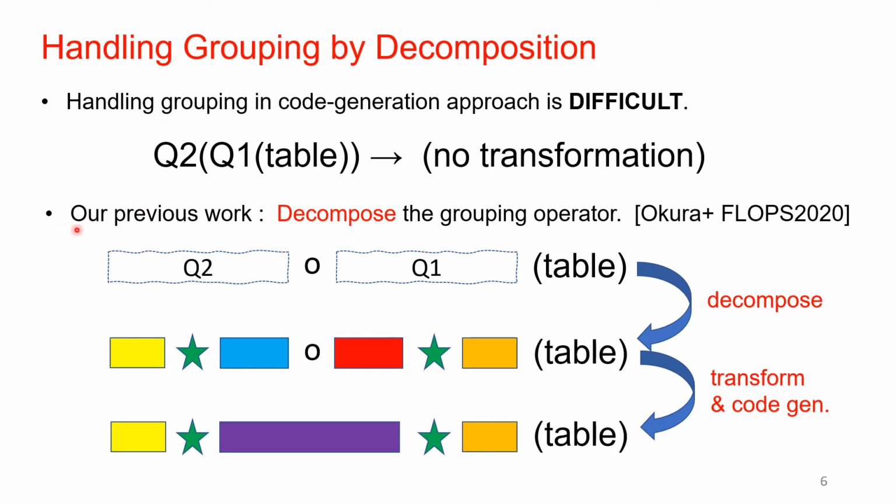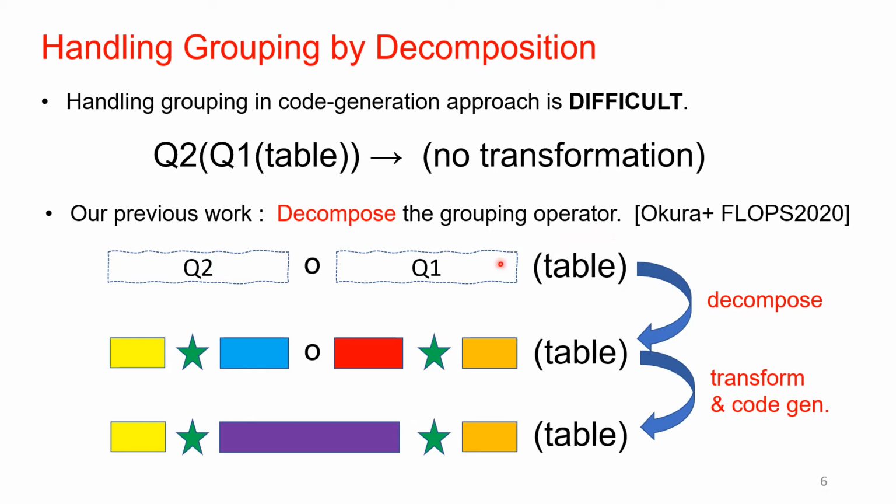Our previous work solved this problem by decomposition. The problematic part is an aggregate function only, and other operations of grouping such as extracting data from input tables and constructing output data can be expressed by existing primitives and can be transformed.